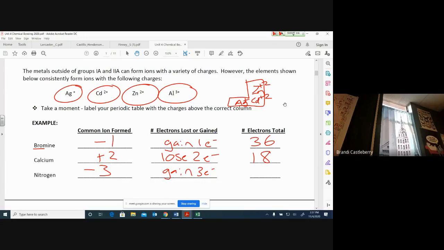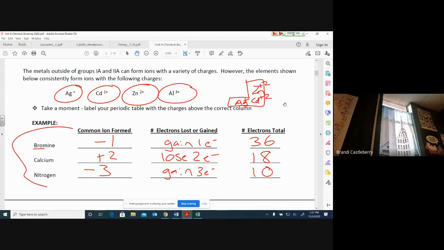Now something I want to point out. When things become an ion, which is what we're talking about, things have these charges. The whole point of why they do this, it's not like some random weirdness. They do it to be stable. So I want you to notice. Guys, we're not done with notes. Look at these numbers, 36, 18, 10. Look at the noble gas numbers, 36, 18, 10.